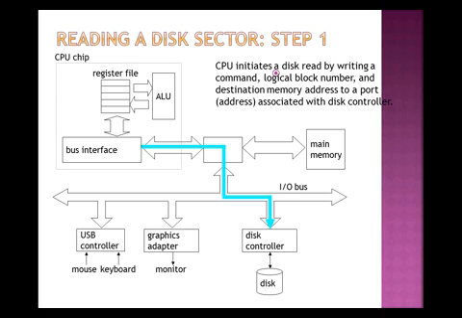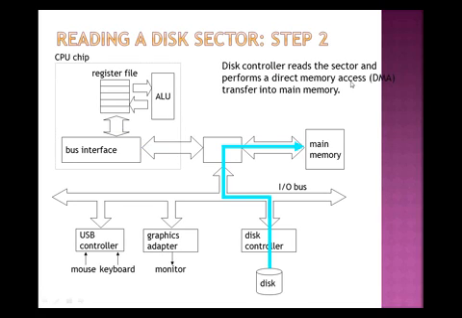So whenever the CPU initiates a disk read by writing a command, it needs a logical block number and a destination address. The bus interface is attached to the disk controller directly, and the data fetched from the disk is provided to the disk controller, which in turn provides the data to the bus interface. The bus interface provides the data to the registers, and the registers provide the data to the CPU.